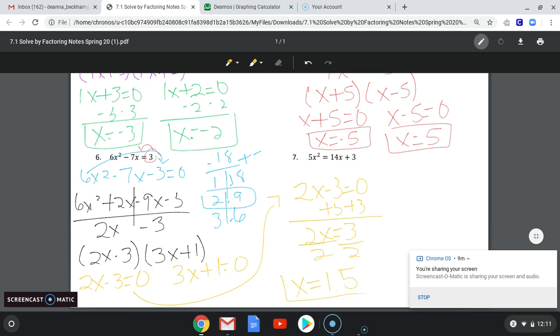That means that quadratic will touch the x-axis at 1.5. Take the second parentheses. Set it equal to 0. Subtract 1. That leaves me with 3x is equal to -1. Divide by 3. Now this is going to be a repeating decimal, so we may want to leave it as the fraction.